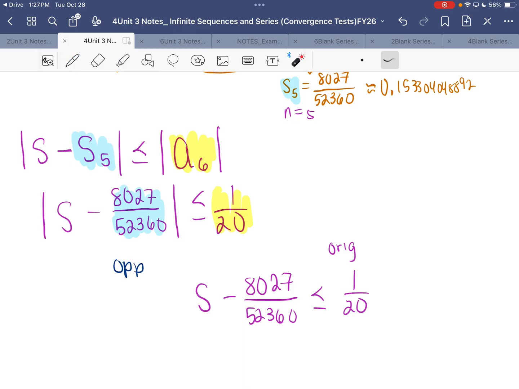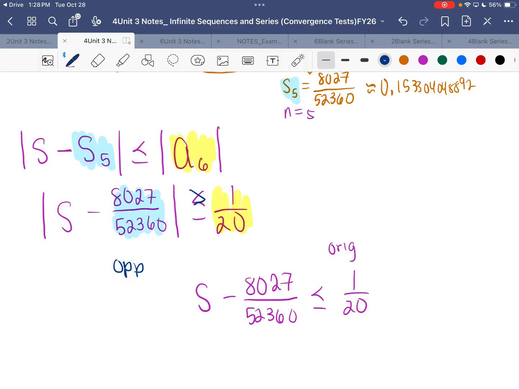So when you have the opposite, you're multiplying both sides by -1, and that flips the inequality sign. But then the absolute value flings off the negative.